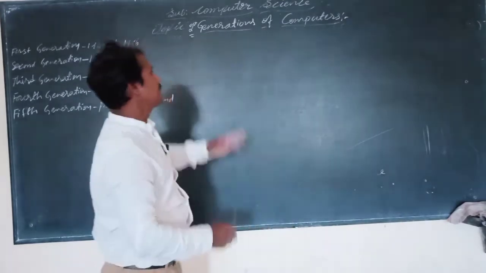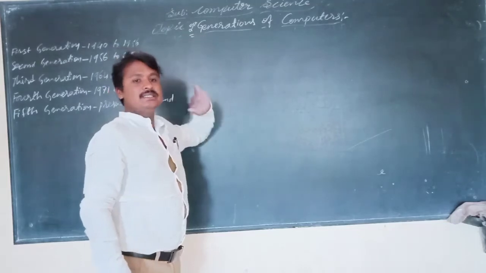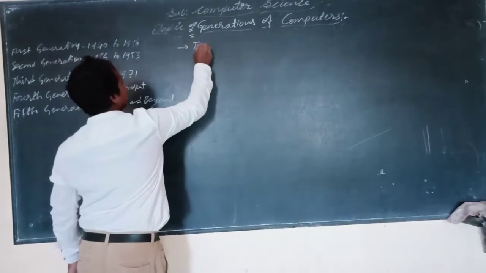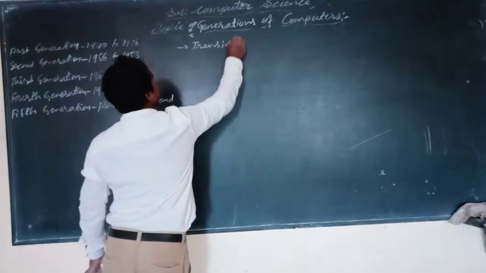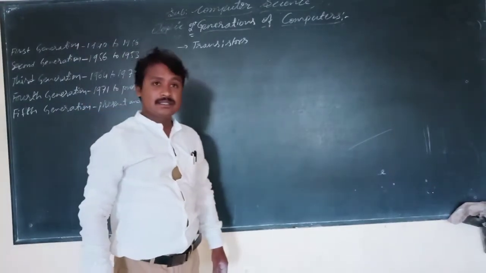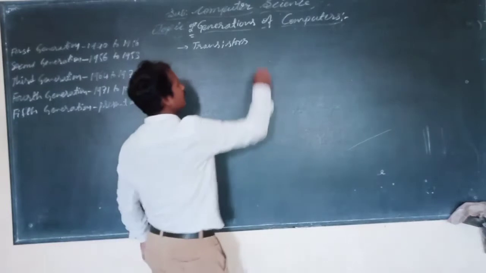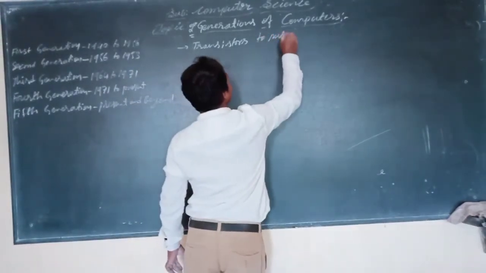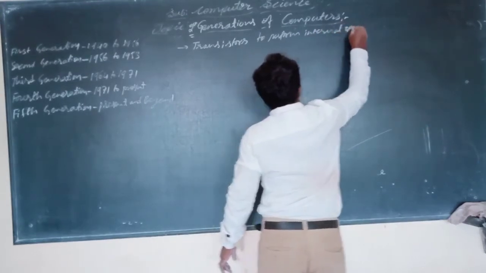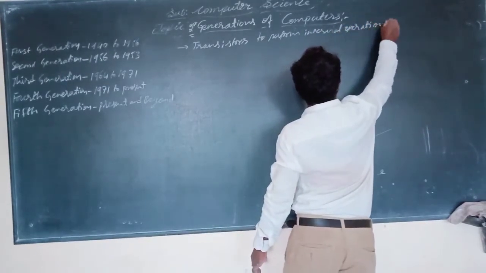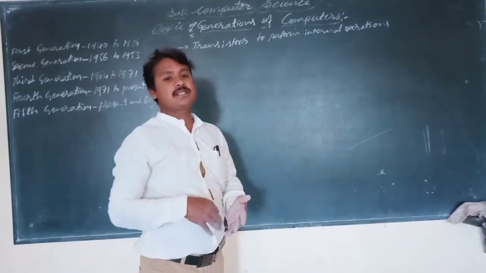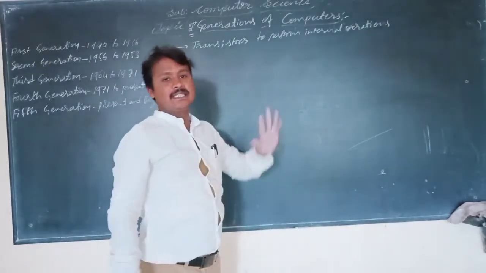In the second generation, computers used transistors to perform the internal operations. Here you can observe the vacuum tubes are replaced by transistors in the second generation.